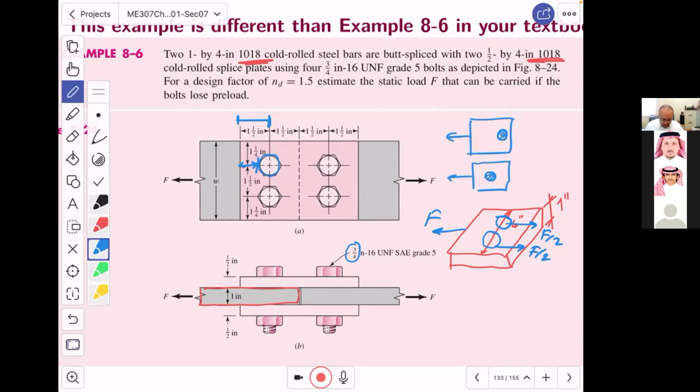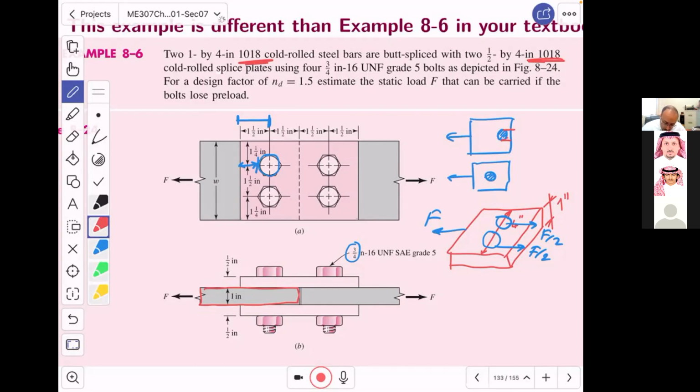Which one do you think is more risky? Yeah, this one, because the one at the edge, there is a good chance that you will shear off this little ligament, little piece of the material much easier. So that's why I am telling you about these dimensions.